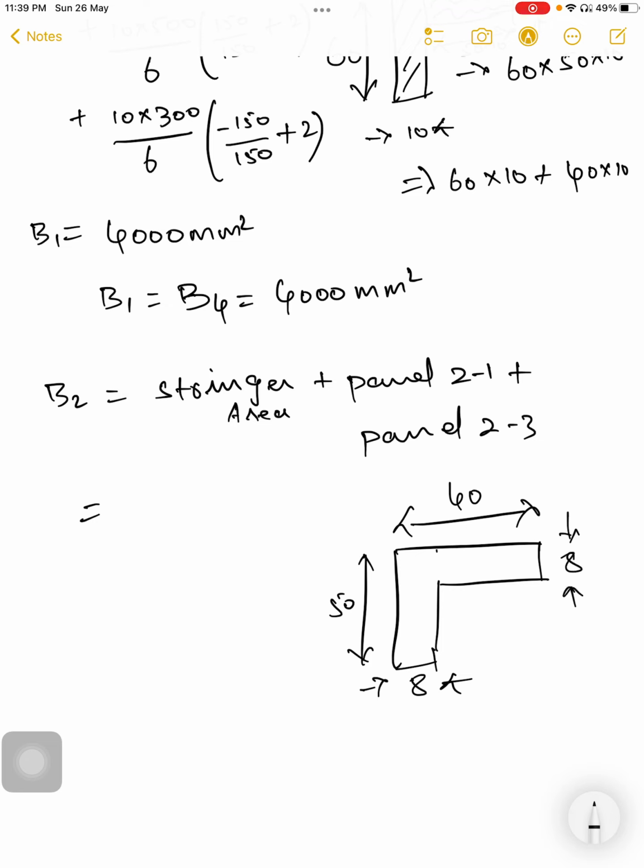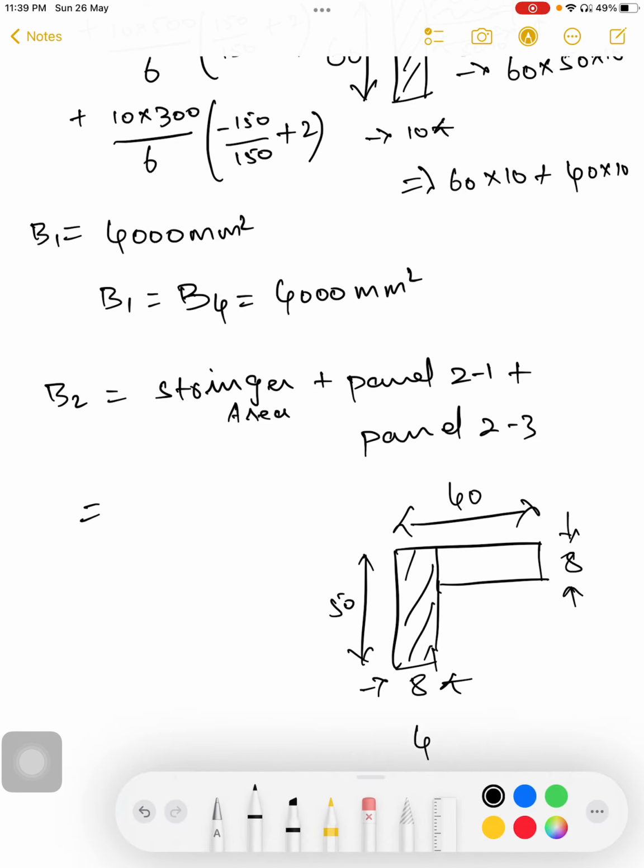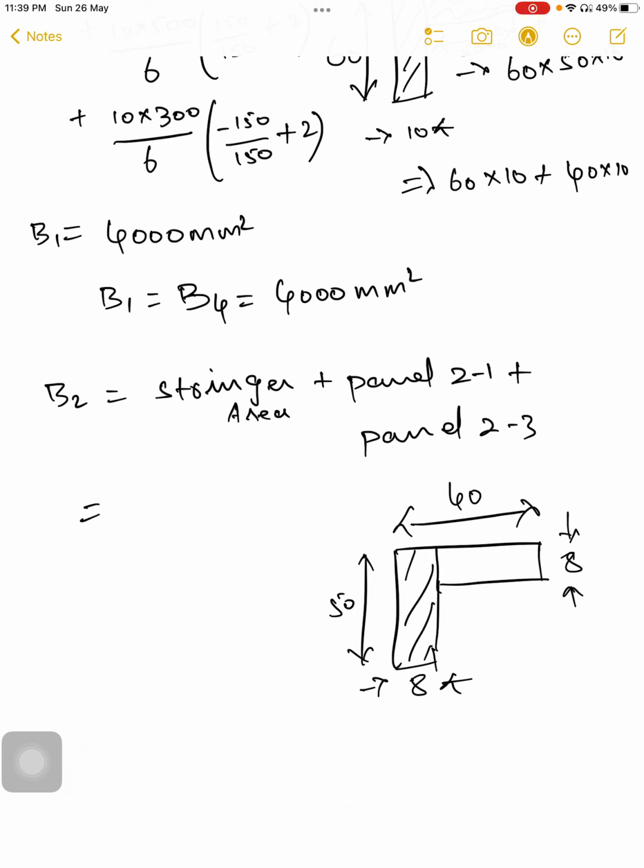First I will divide into two rectangles. The first area is 50 cross 8 plus this length, that is 40 minus 8, which is 32.